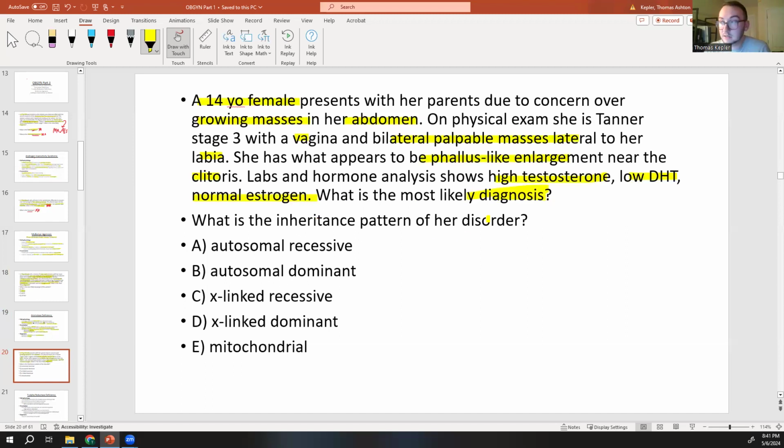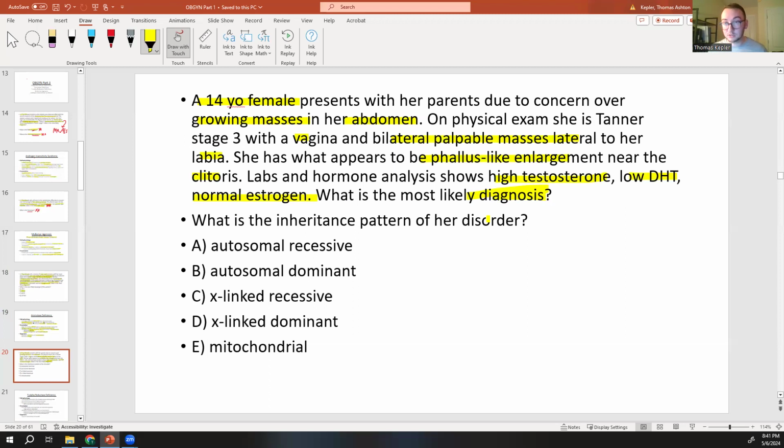And so again, I kind of made this easy, but if we have hormone levels, testosterone, DHT, if we have high testosterone, low DHT, the enzyme responsible for that conversion is your 5-alpha reductase. And remember, DHT is responsible for developing the male external genitalia, and testosterone is high. And we have a patient who externally appears to be female, but internally she has those masses.